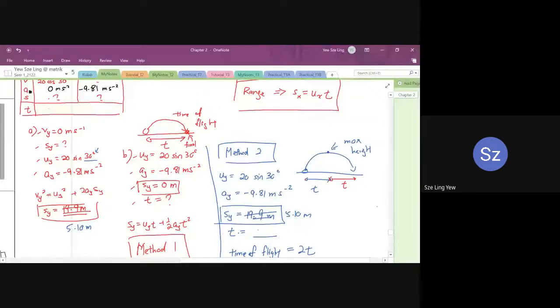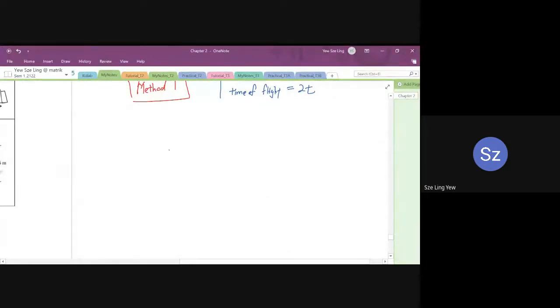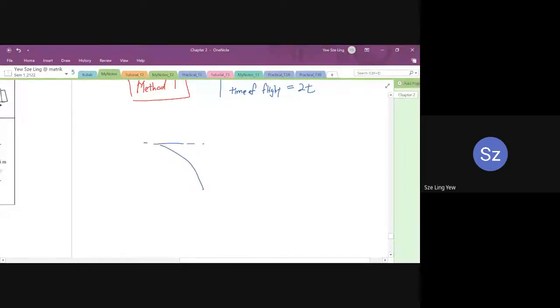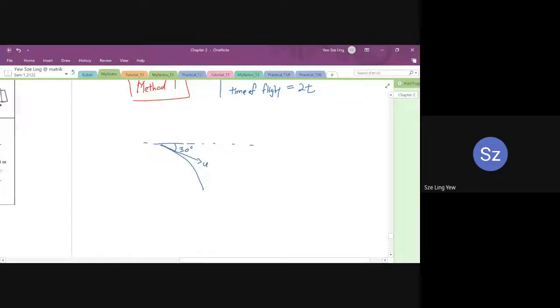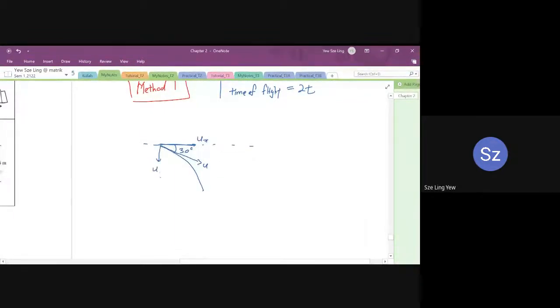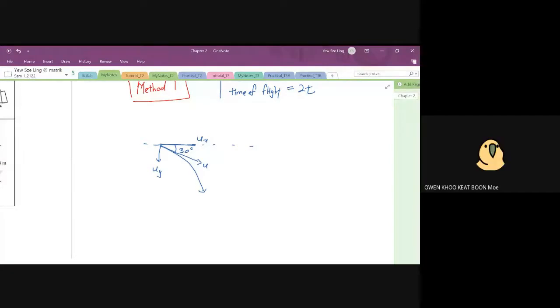So sometimes you might have a case like this. Okay, you throw something downwards, and then this is your horizontal line. So this is a 30 degree. So if you resolve U, then your UX is positive, and your UY is a negative value. Okay, so this is what happens if you throw downwards. Okay, thank you, madam.